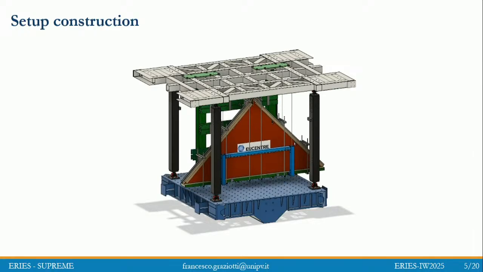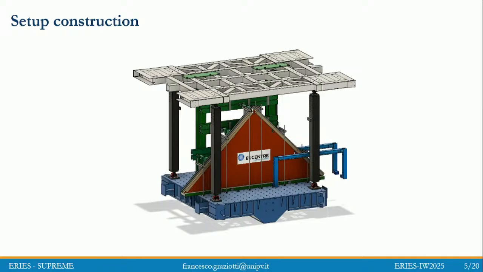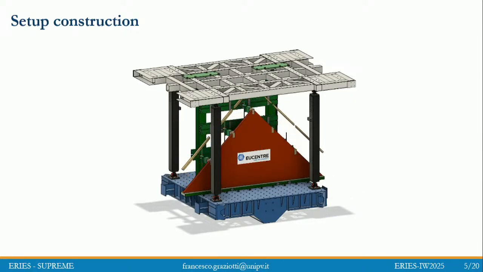On top of it, with 4 braces, trusses, guaranteeing the vertical compatibility of displacement, another shake table is placed with 3 degrees of freedom: 2 horizontal and 1 rotational around the vertical axis. This facility allowed us to control and uncouple the acceleration and displacement of the two floors.